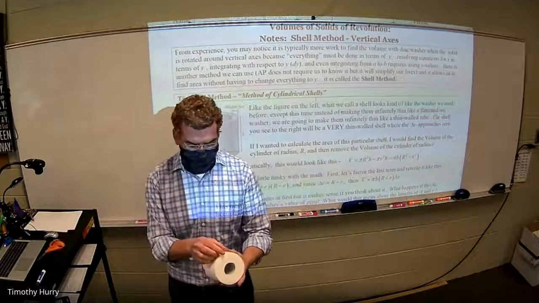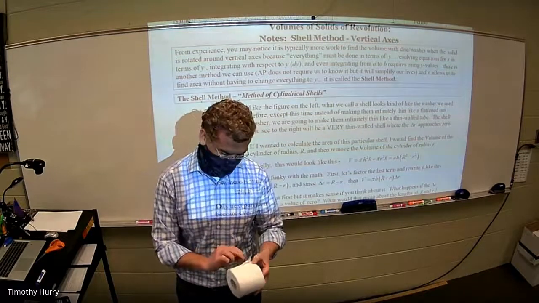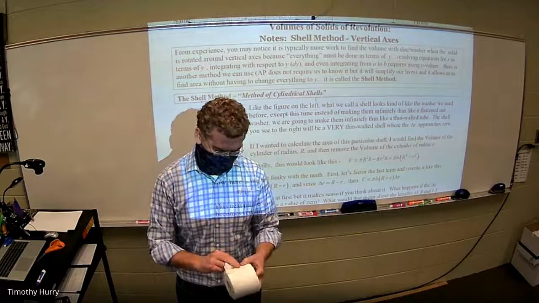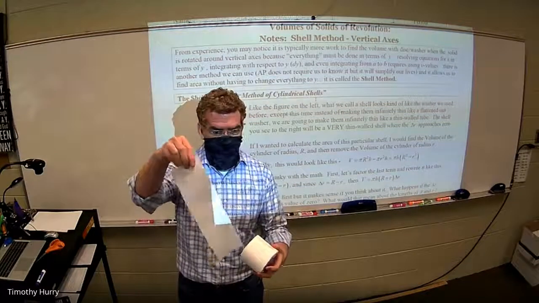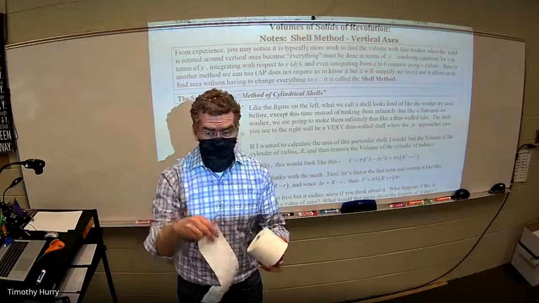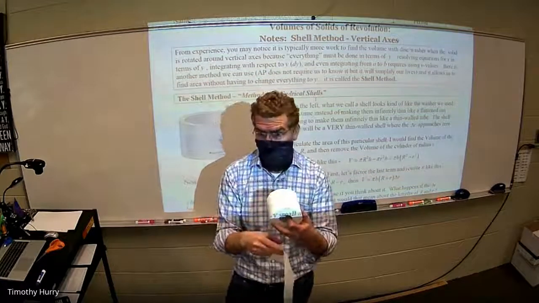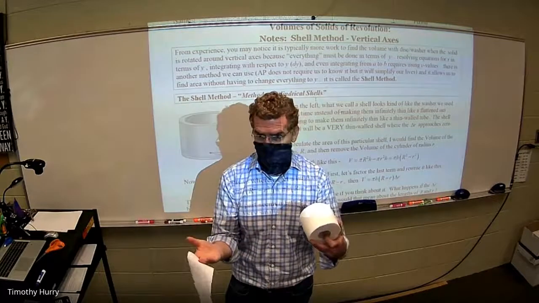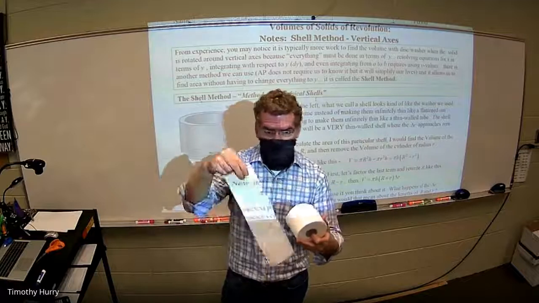If I were to cut one layer off this shell right here, you can see that one layer doesn't really affect the volume much, does it? But you obviously know that if I keep pulling layers off this, eventually there will be no more wipes. Are you with me? So clearly this volume is a creation of a bunch of these shells.